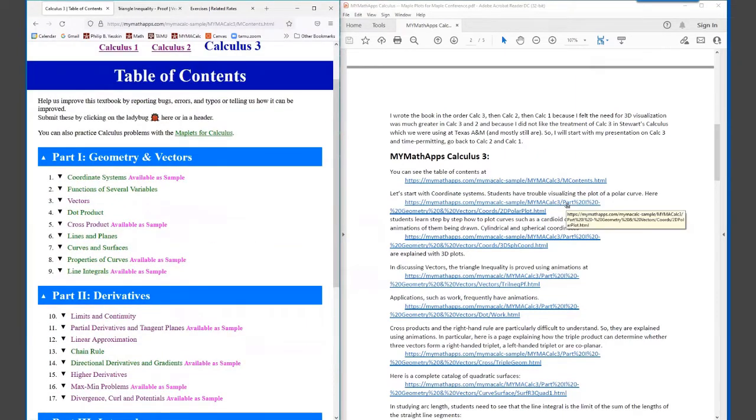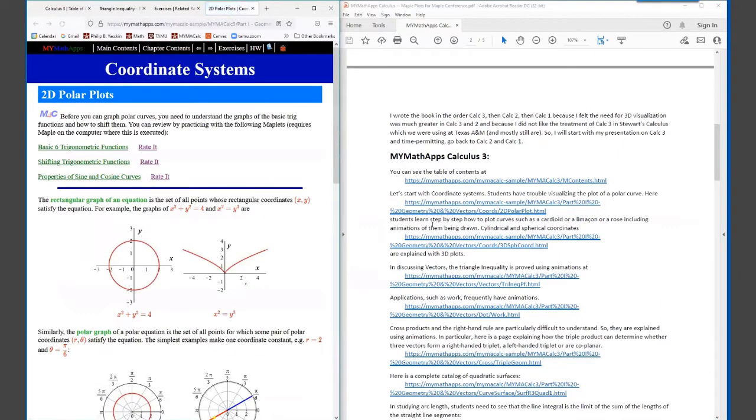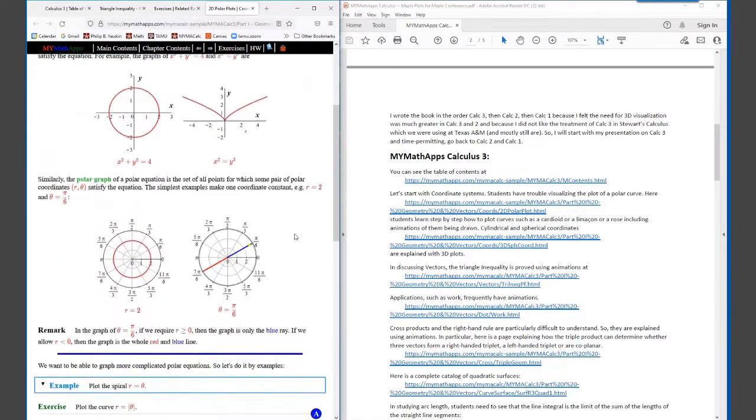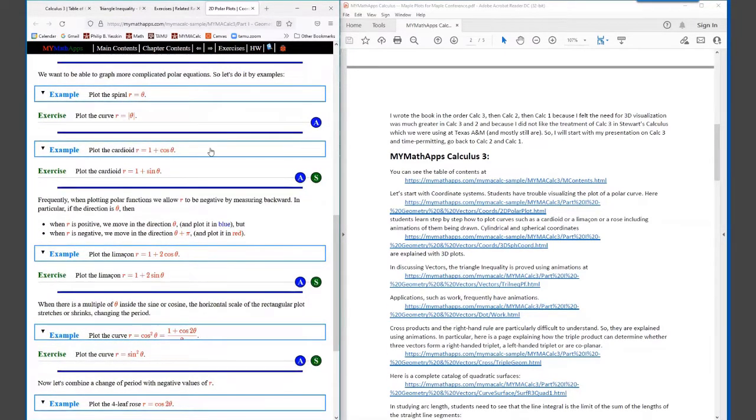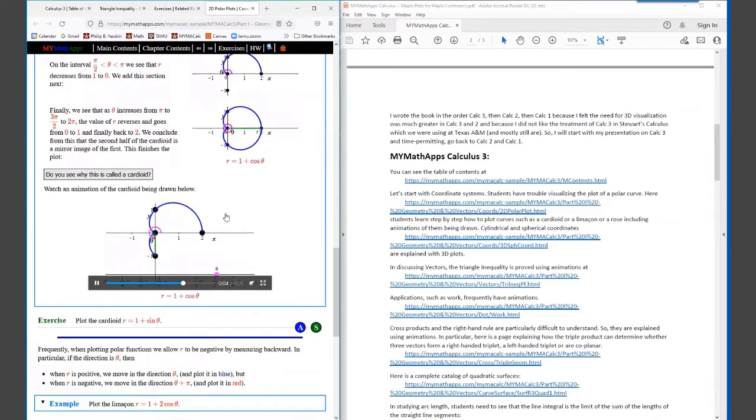Okay, so let's start with the coordinate systems. There we learn about polar coordinates and how to plot polar curves. And there are things like how to plot a cardioid. All of these pictures were made with Maple. The animation at the end shows them how to actually draw it with their pen.